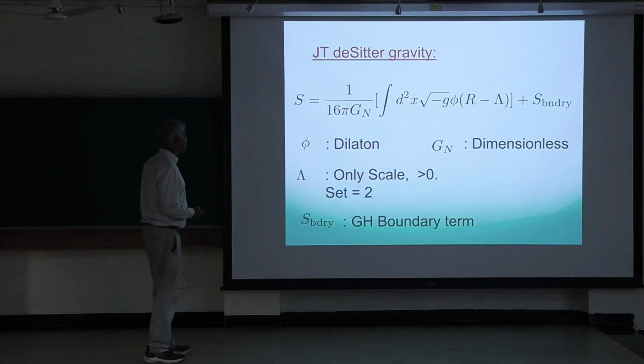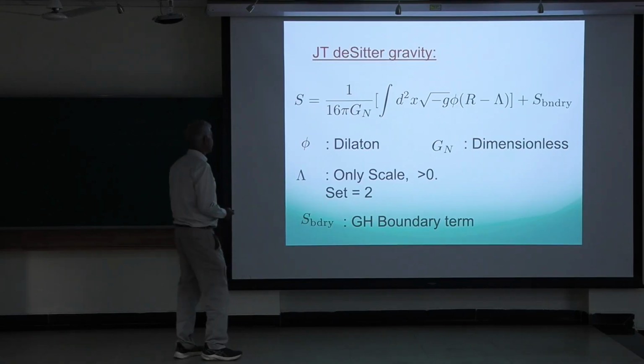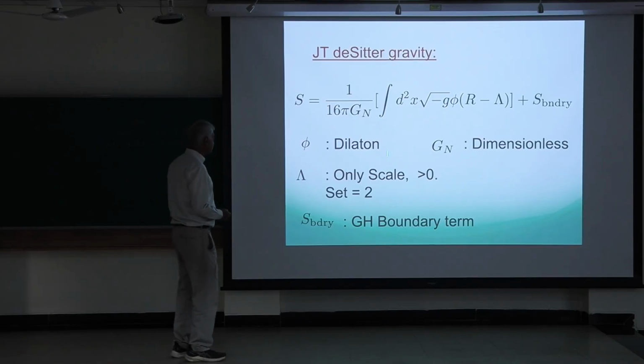So here we start with JT gravity. This is the action. Some of you have seen it. There's the 2-dimensional metric and the dilaton, a scalar field which I call the dilaton. There's only one dimensionful parameter, lambda.